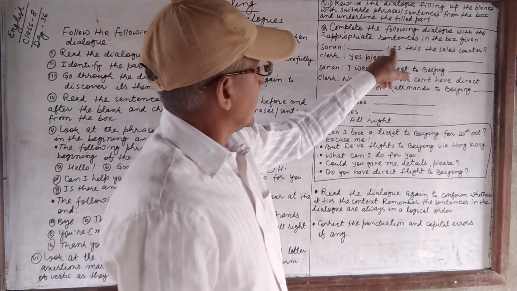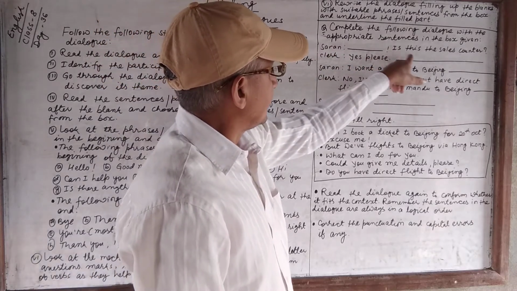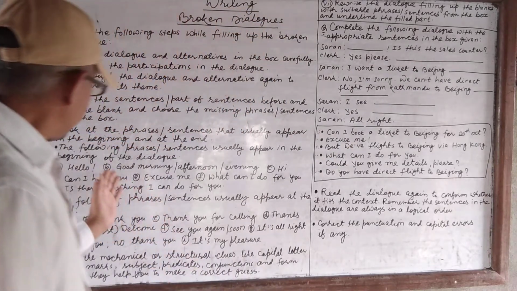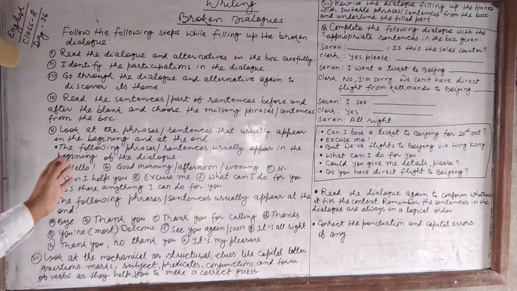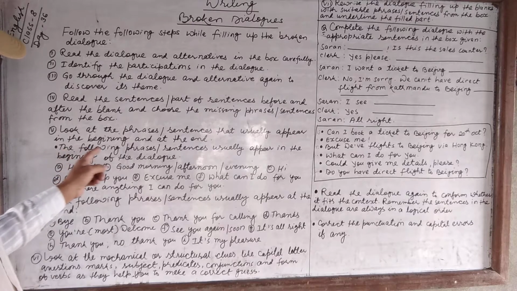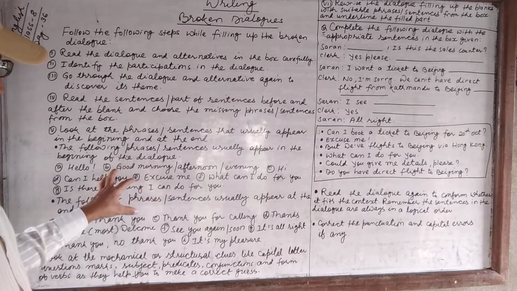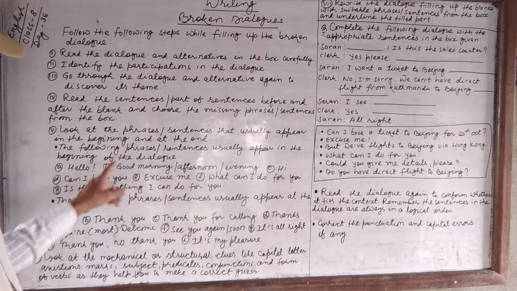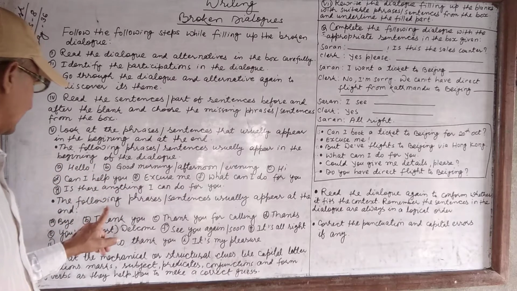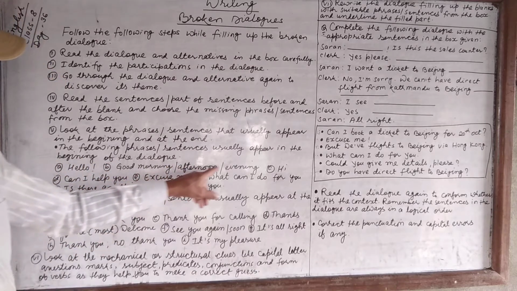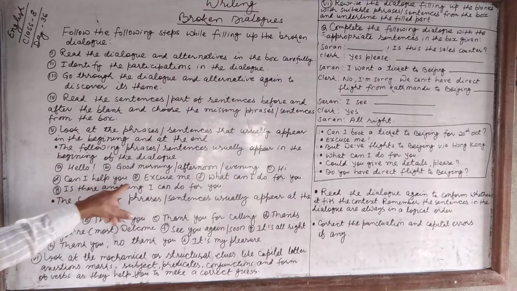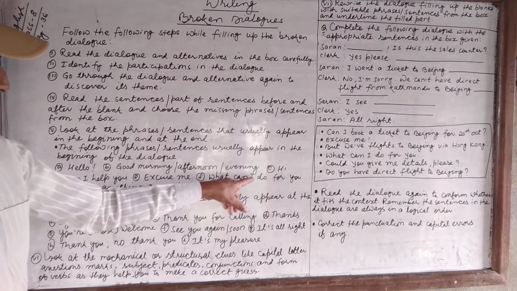Soren, blank. Is this the cell counter? We have discussed in the tips that the following phrases or sentences usually appear in the beginning of the dialogue. Okay, hello, good morning, afternoon, good evening. Okay, can I help you? Excuse me. Okay, what can I do?